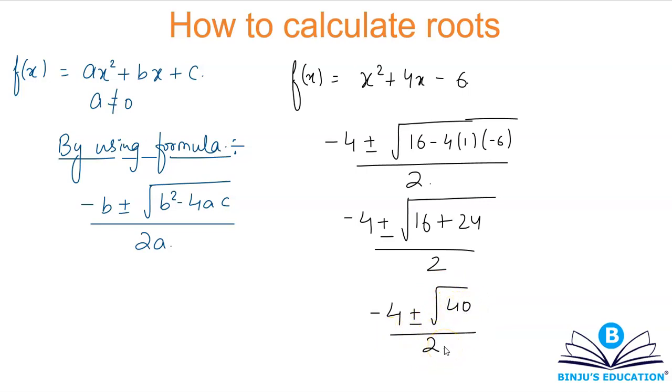Root 40 is 4 into 10, so that's 2 root 10. So that is minus 4 plus minus 2 root 10 divided by 2, which is minus 2 plus minus root 10.